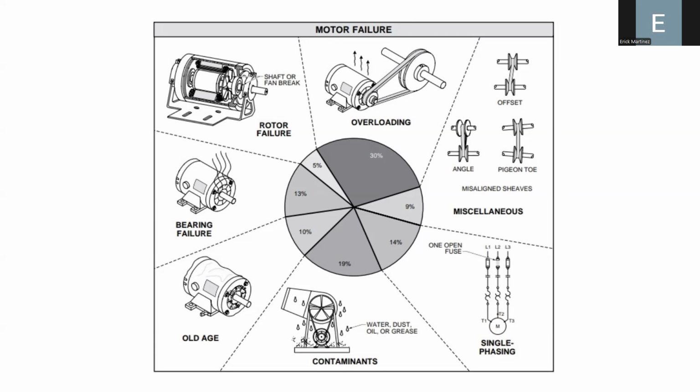You can have miscellaneous losses like angle misalignment, offset, or misalignment of shafts. But the most common cause of faults is overloading. Overloading is related to the fact that we are demanding too much power from the motor, and we want to find a way to reduce or prevent that.